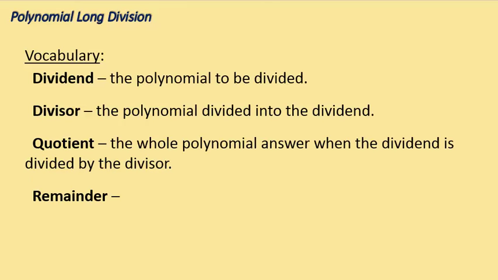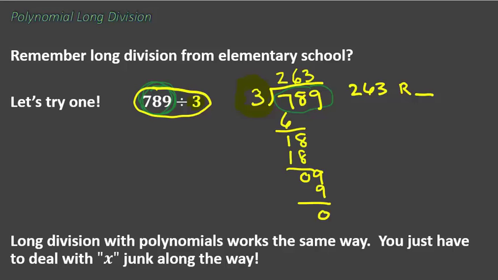The quotient is the whole polynomial answer when the dividend is divided by the divisor. A lot of times the quotient is written in this form, or we would say 789 over 3. That would be our quotient.